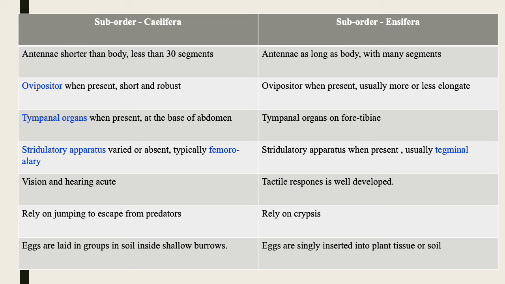Migratory locusts are serious transcontinental pests, as you have seen in the last few months, where they have traveled from Pakistan to India also. Another are the mole crickets, which are major pests in lawns and in golf courses.